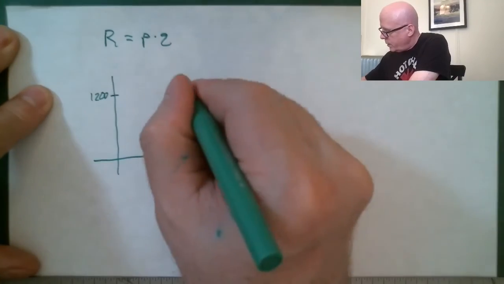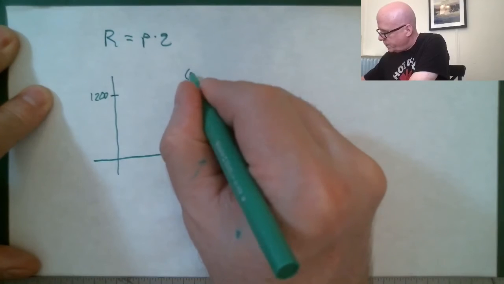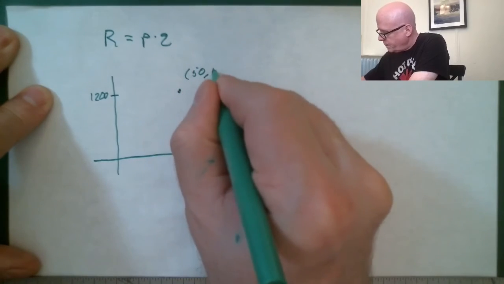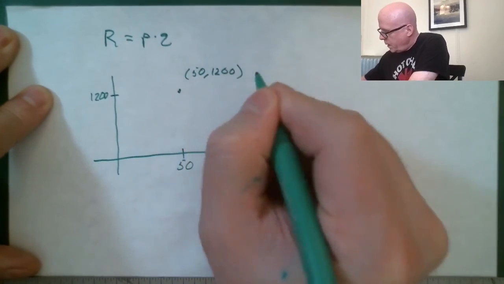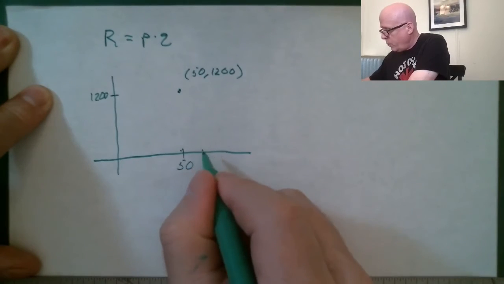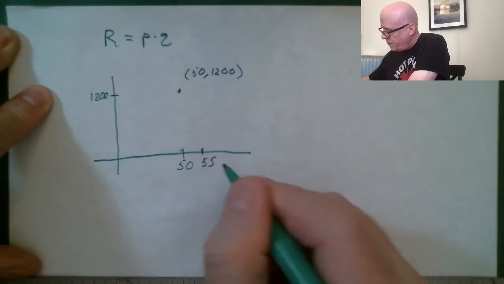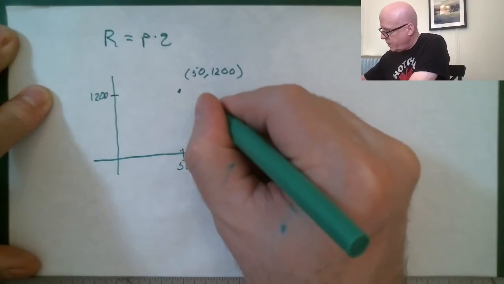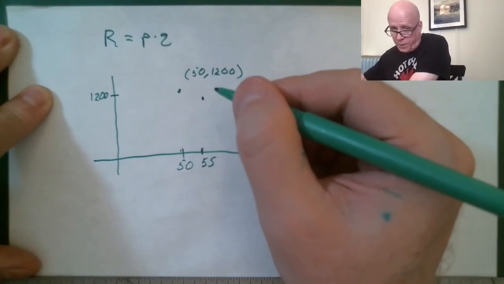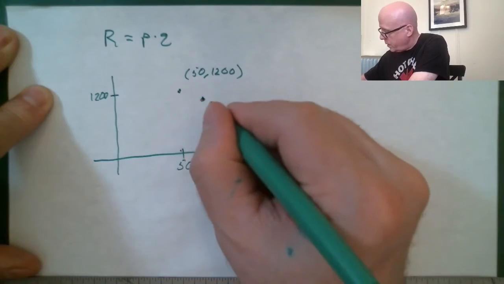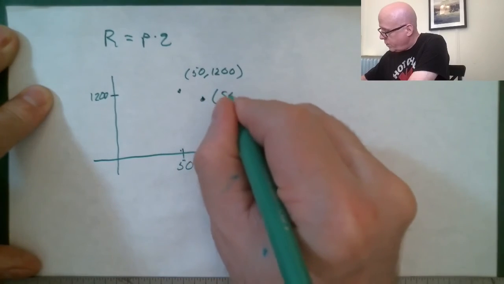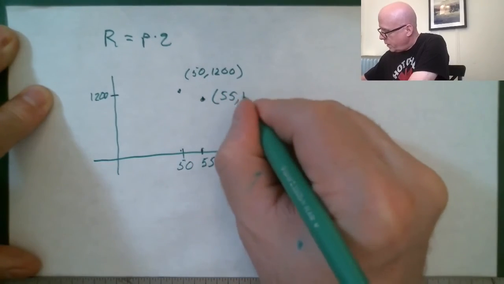At this point, 50, 1,200. Right? And we also found that if you moved over $5, I'm exaggerating that, but that would be 55, the number of attendees is going to drop by 50 people. So this guy has coordinates 55 and 1150.